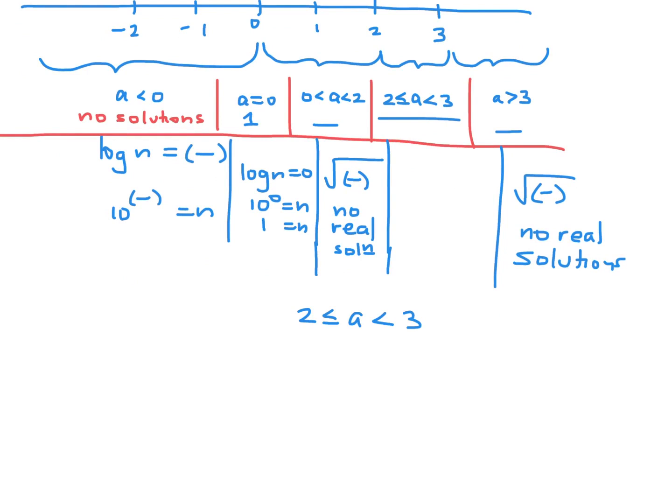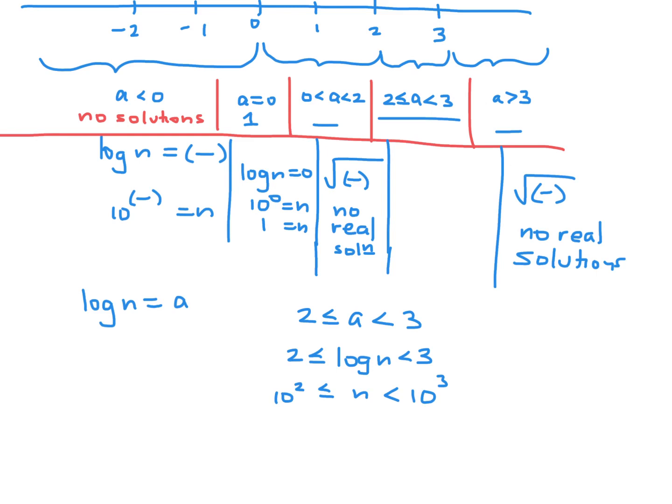Since log of n is representing a, we're going to put in that. So 2 is less than or equal to the log of n, less than 3. So that means basically that n is between 10 to the power of 2 and 10 to the power of 3, correct?